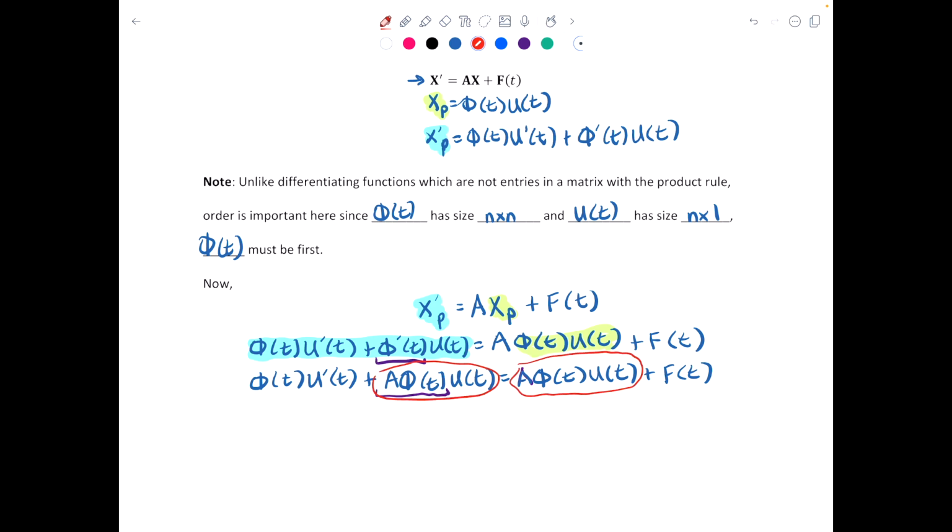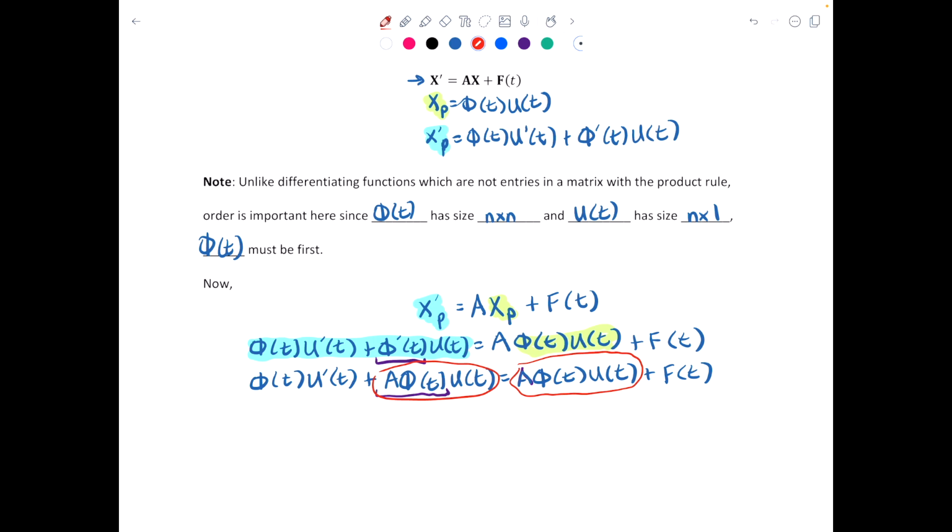And so if I added the opposite to both sides of that matrix, I'd have the 0 matrix of that dimension, which I believe we said would be n by 1.